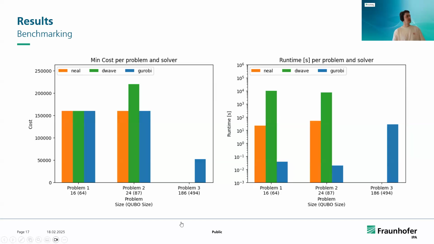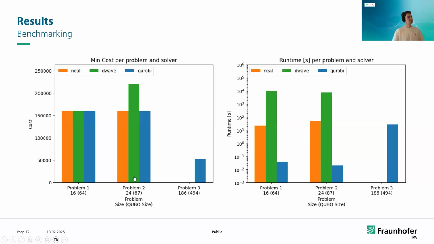So here you can see again the 3 problem instances, and then we compared the D-Wave anneal with the D-Wave quantum annealer in combination with QBSolve, and then with the linear program solution done with Gurobi. And here you can see for the first problem, we can find the optimal solution with both simulated annealing and quantum annealing.